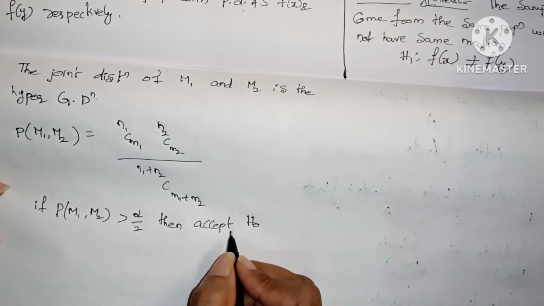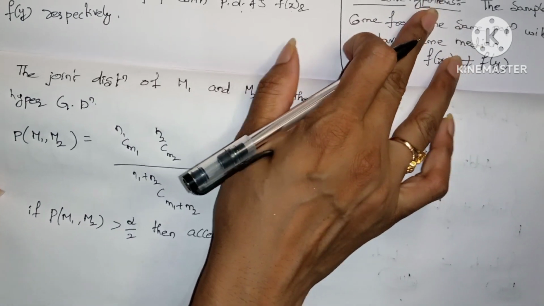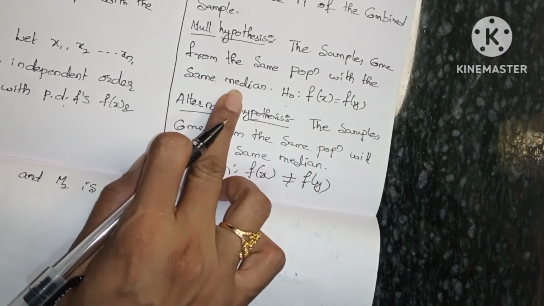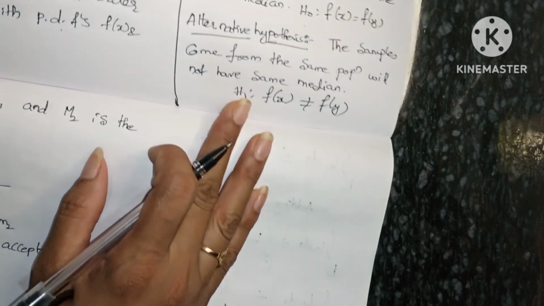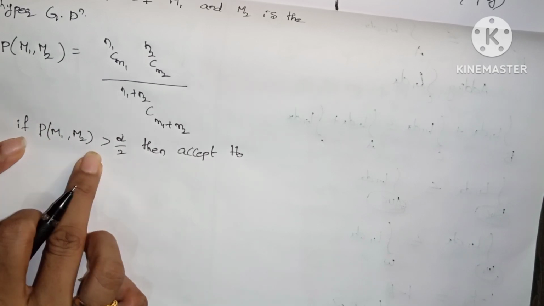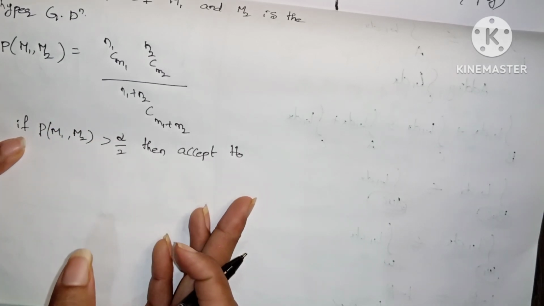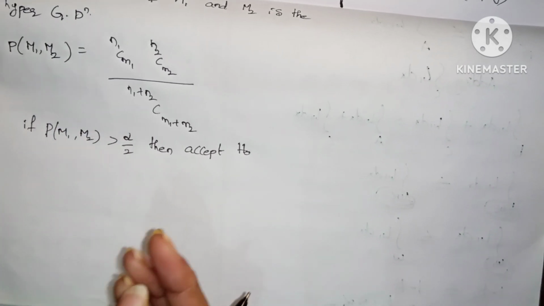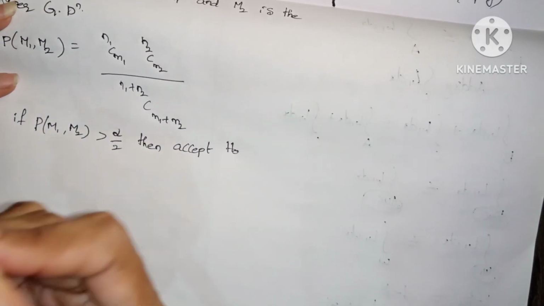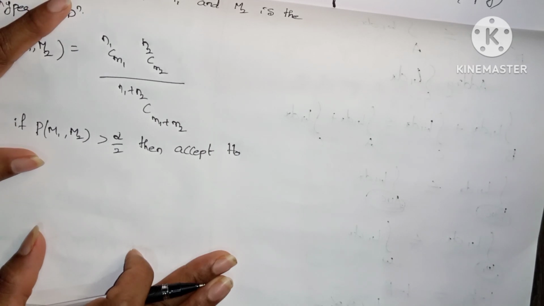H naught means the null hypothesis: the samples come from the same population with the same median. We have to consider it true. If this condition is false, then reject H naught and accept H1. Okay, so now this is about the small sample test.